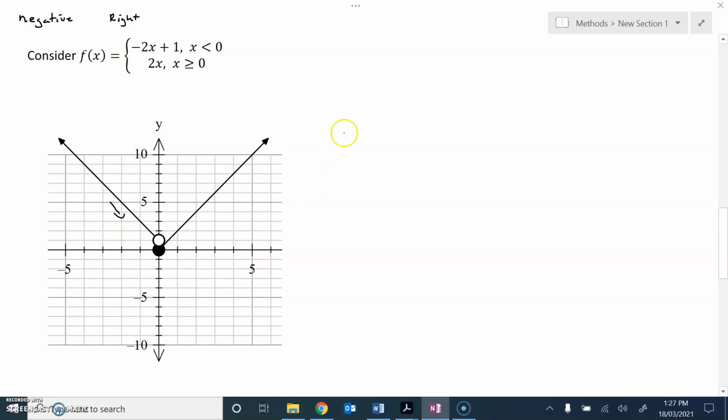So the limit as I approach from the negative, I'm approaching from negative infinity. So less than 0, x is less than 0.